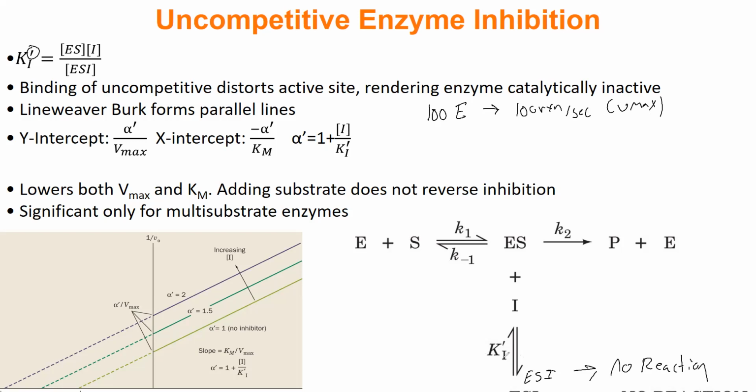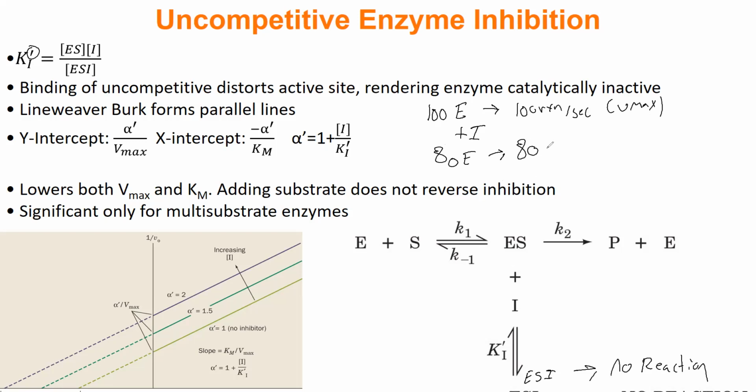But this inhibitor binds to the enzyme substrate complex and takes them out of the game. So if I add inhibitor, maybe now it only looks like I have 80 enzymes because 20 of them were bound to my inhibitor. And since I'm not competing at the same site, there's no way to free that other than just by chance.